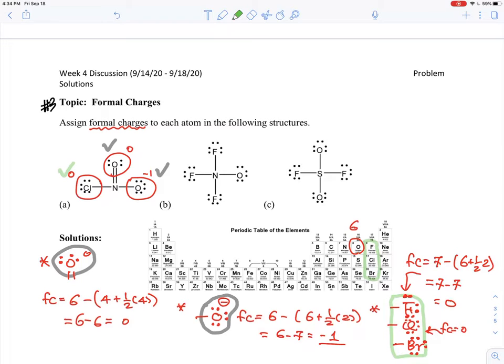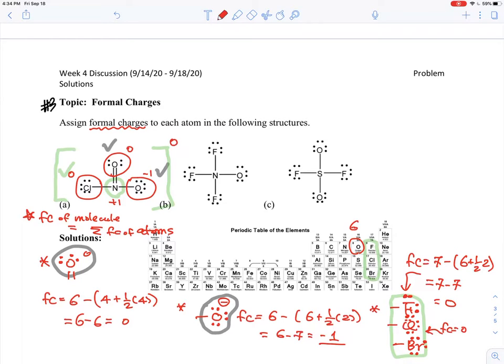Once I finish that, the remaining one is this, and one of the rules that I also like to use is that the formal charge of the molecule is the summation of the formal charges of the atoms. The formal charge of the molecule here is 0, so therefore this must be a formal charge of +1.